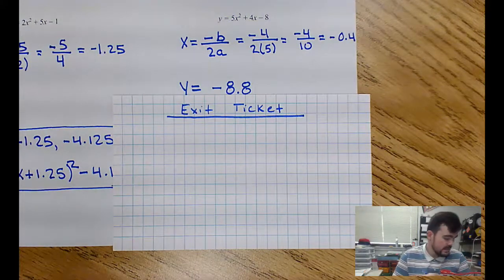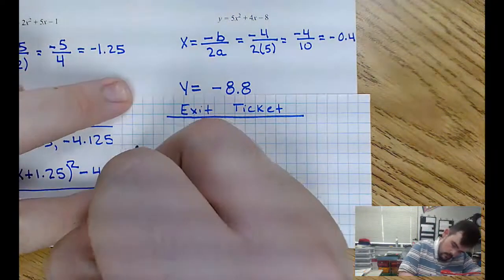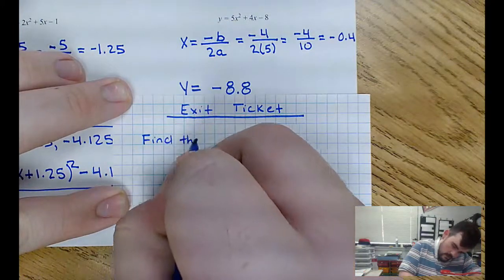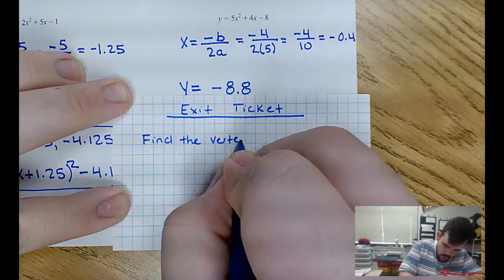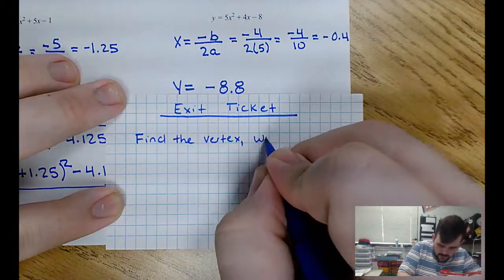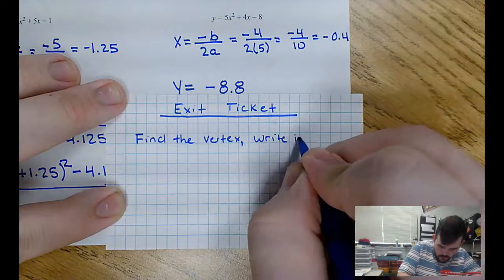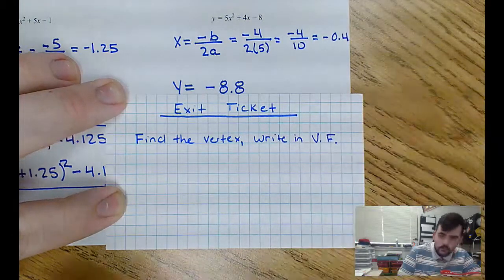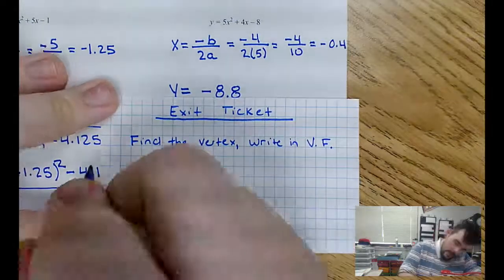And let's see. Find the vertex and then write in vertex form. The process we've been doing, these 2.